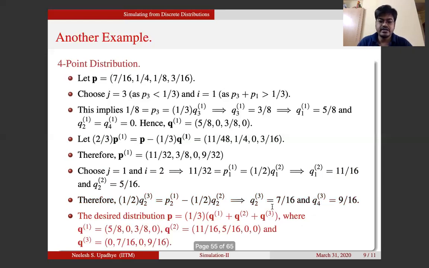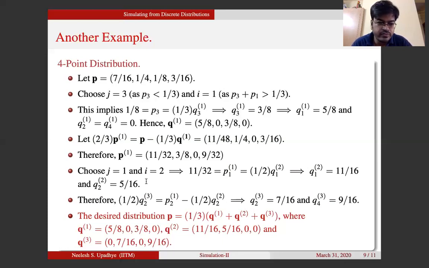Therefore, my desired distribution over here will be P is equal to 1 by 3 of Q1 plus Q2 plus Q3, where Q1, we have already figured out, was 5 by 8, 0, 3 by 8, 0.